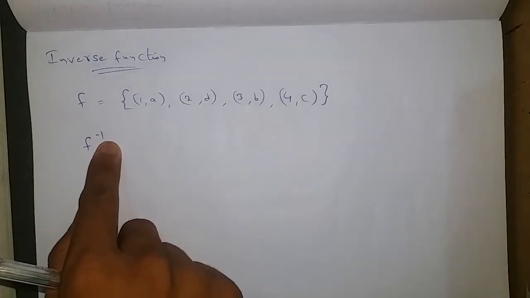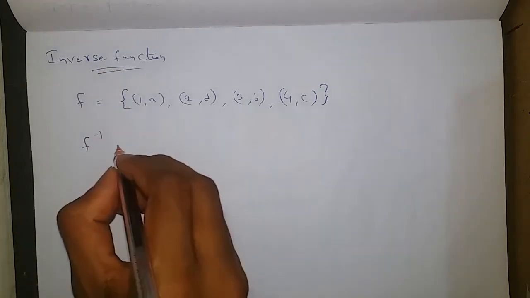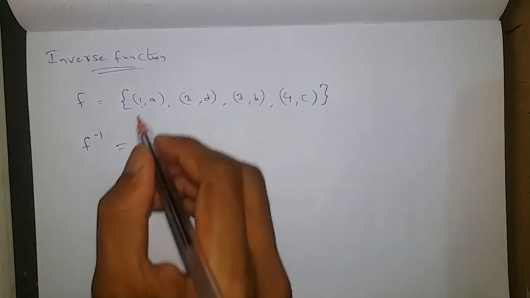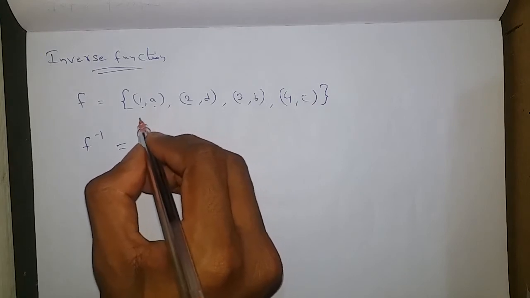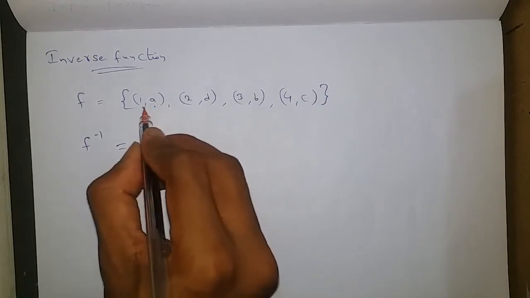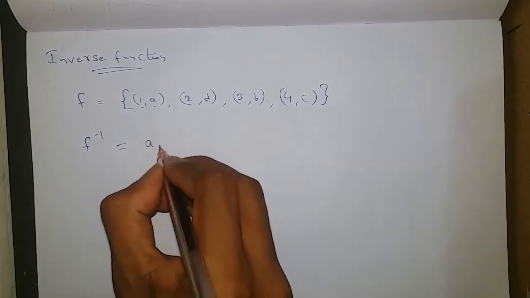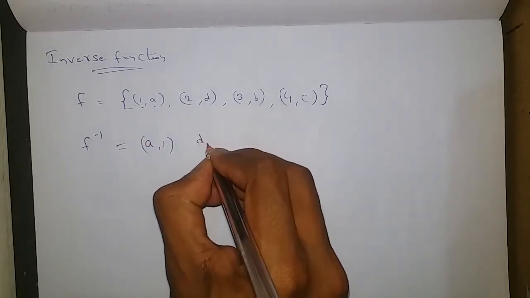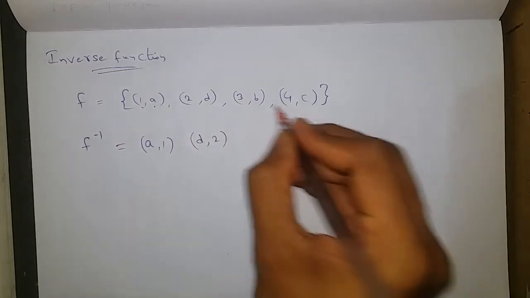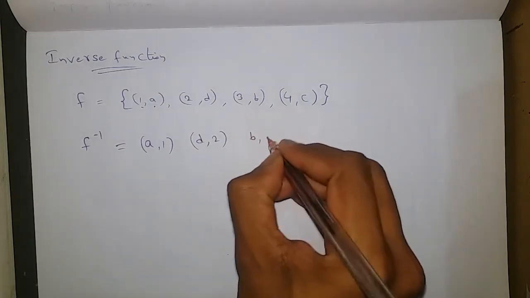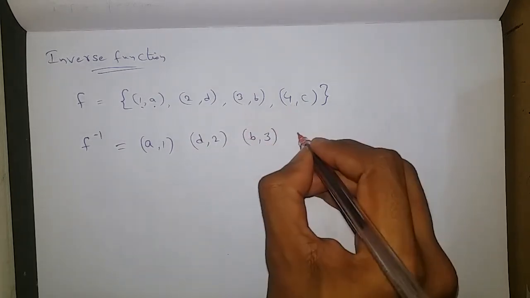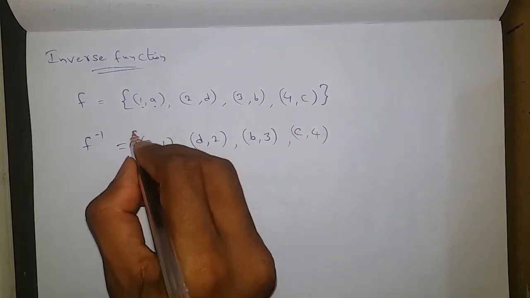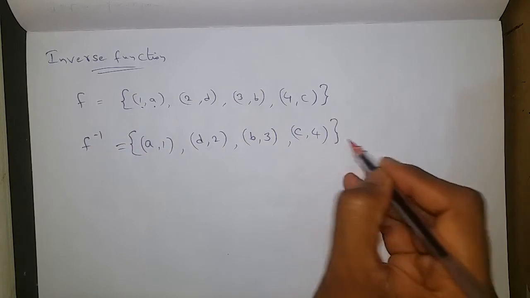F power minus 1 is said to be inverse function. Then simply interchange the elements. Second element you write first, and first element you write second. So 1 comma A can be written as A comma 1. 2 comma D can be written as D comma 2. 3 comma B can be written as B comma 3. 4 comma C can be written as C comma 4. So this is the inverse function.